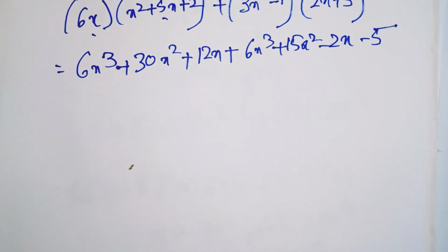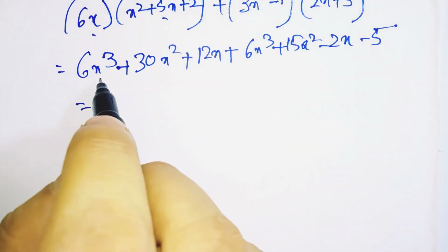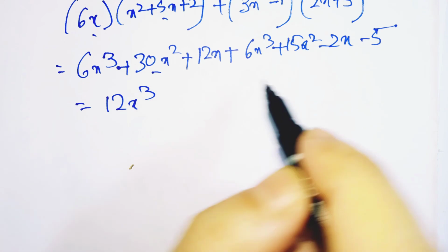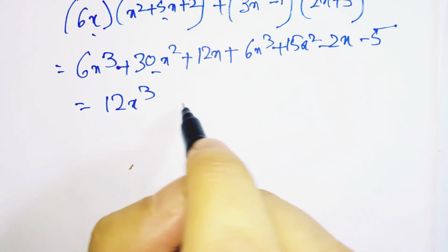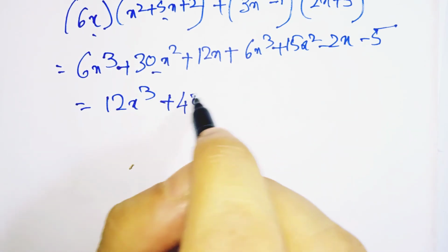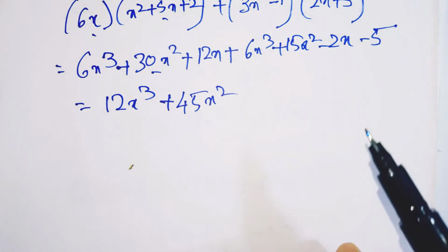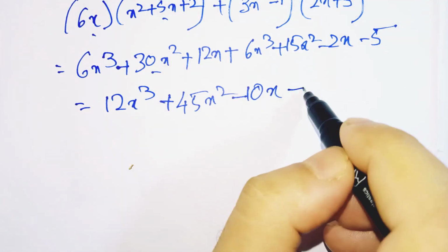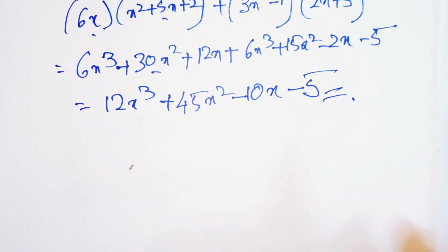So how much will be the total value? 12x³, 30x² plus 15x² becomes 45x², minus 10x minus 5. Yeah.